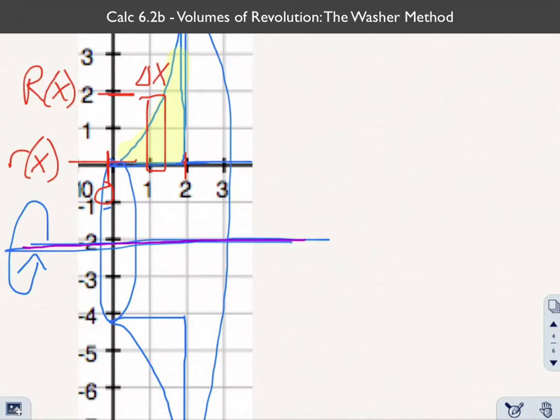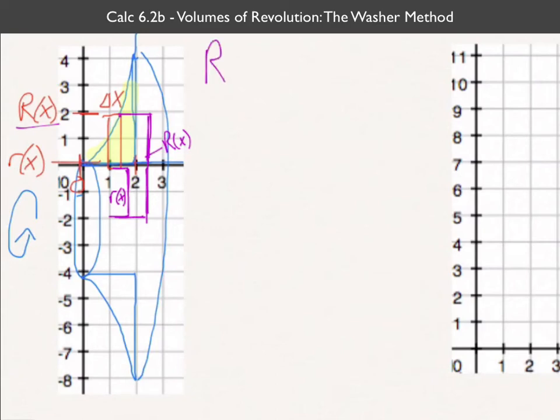When you're looking for that capital R of x, the radius of the disk, we basically have to find the length from here down to your axis. And that's really your R of x. When you're looking for lowercase r of x, the same thing here. It's the radius of the inside, or of the hole, and that's going to be lowercase r of x right there.